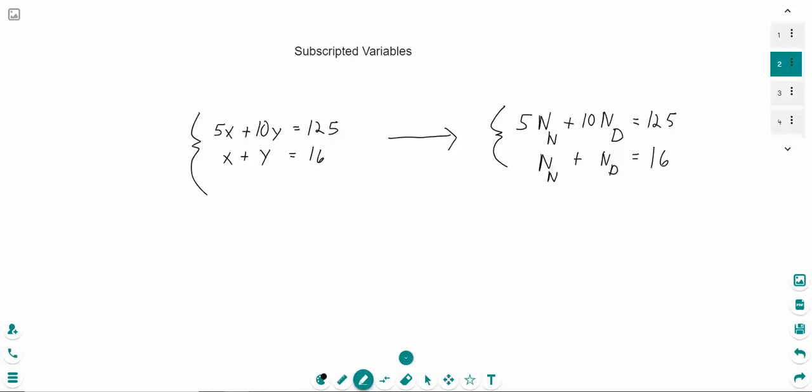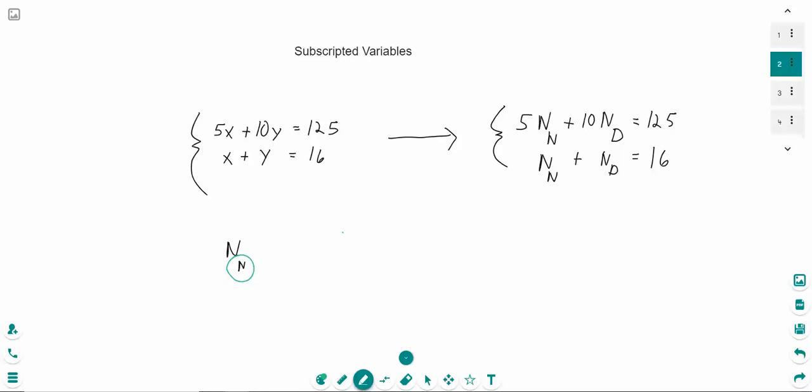These kind of crazy looking variables that have a normal variable, such as the n, and then underneath it the small n, are called subscripted variables. Okay? This small letter underneath the big letter is the subscript. So you would read this as n sub n. This would be n sub d.